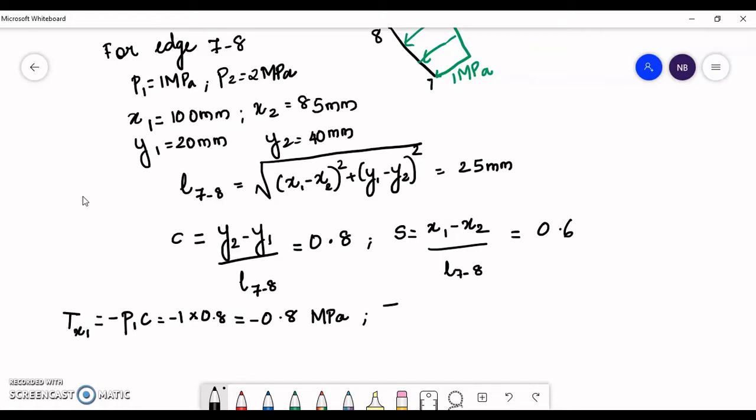Similarly, Ty1 is given by minus P1 into S. We will get minus 0.6 megapascals.